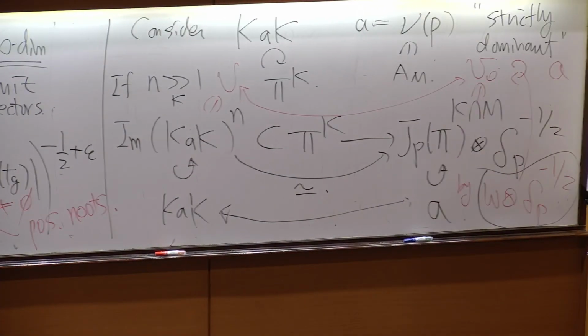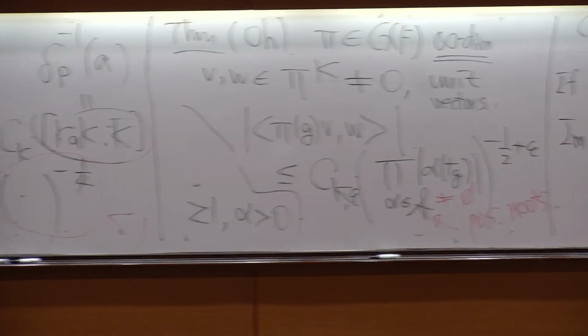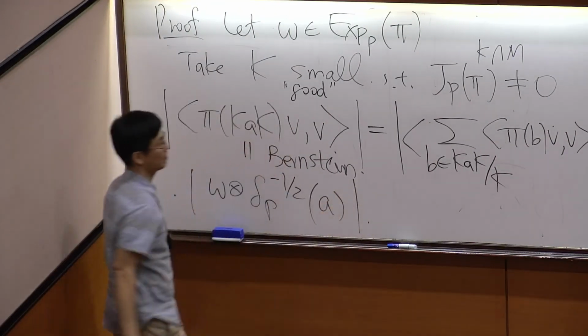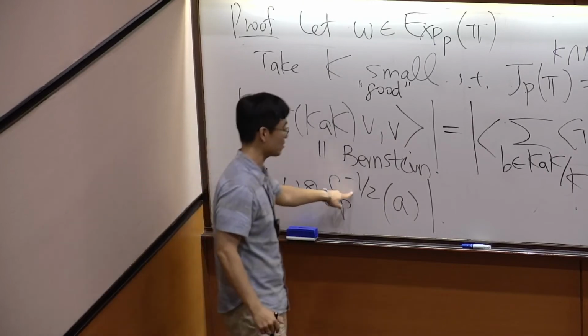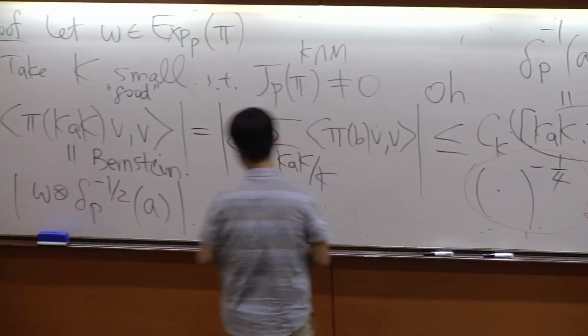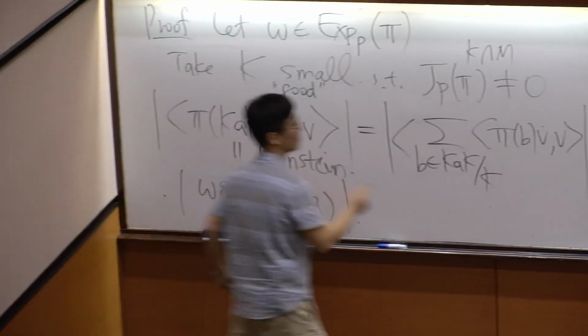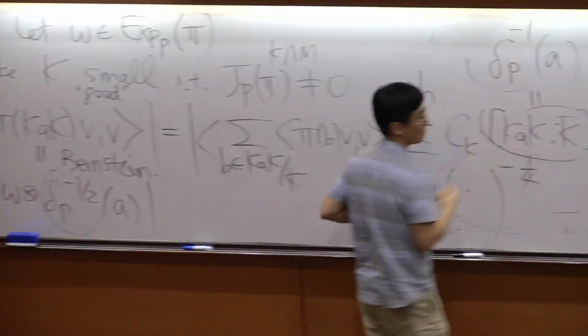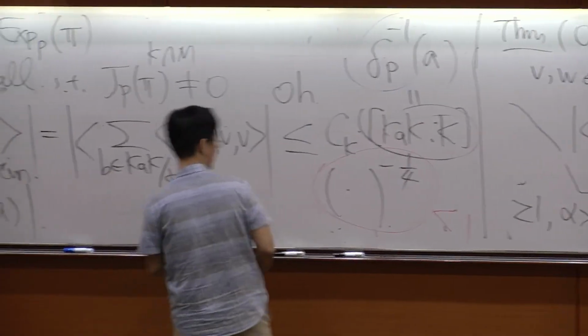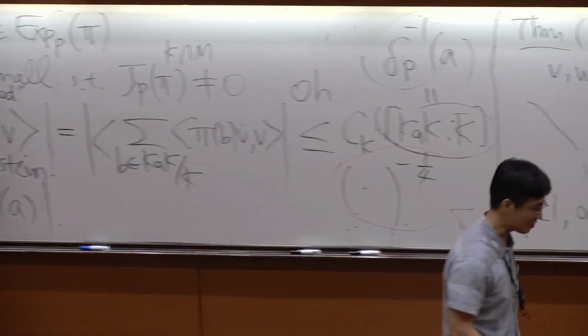So it's just omega times delta_P(A). Okay, so now you cancel out the exponents. I have -1/2. I have -1. Cancel them out. What you get is basically the conjecture, except up to a constant.